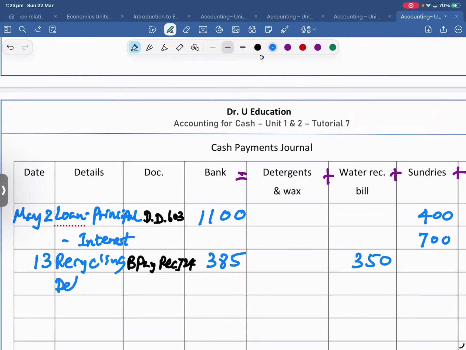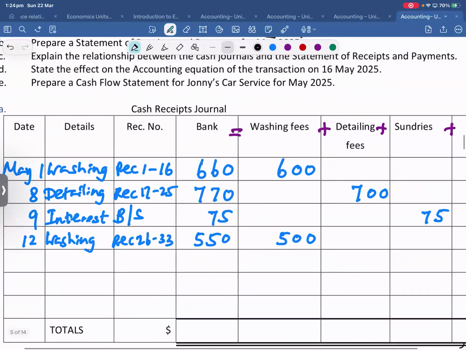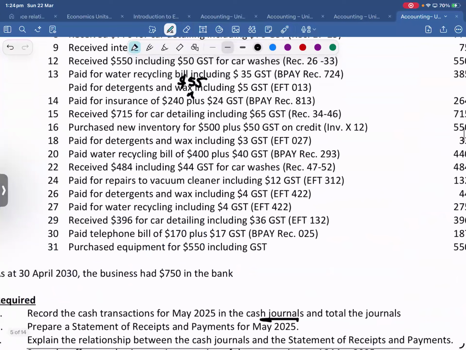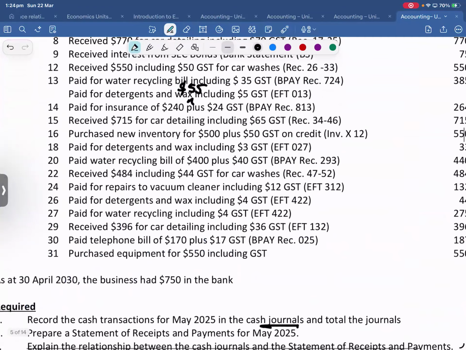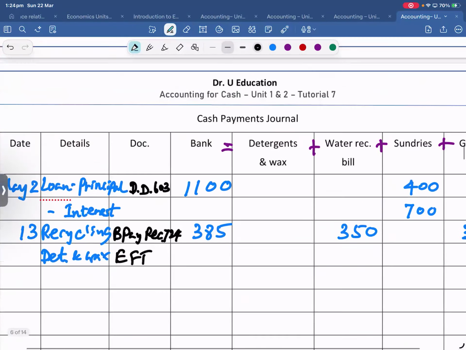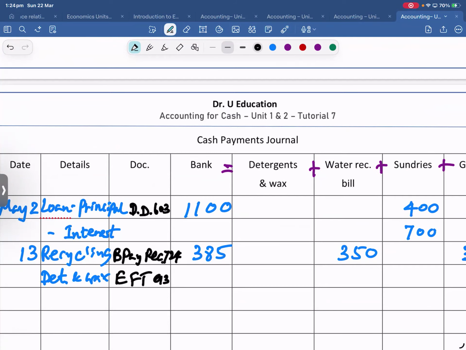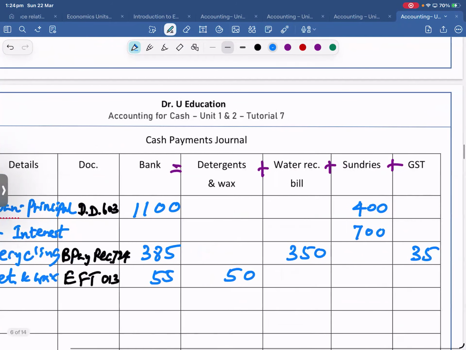Detergent and wax, EFT 013. Then how much? 55. Detergent and wax, how much? 50. Very good. And GST is 5.